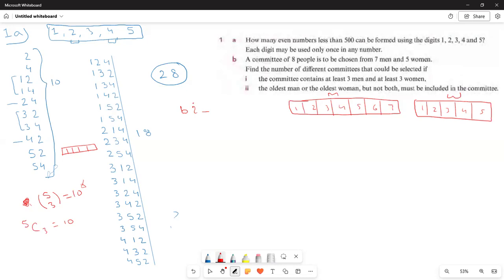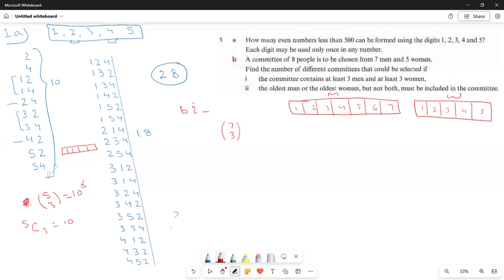Okay, now if I have to choose at least 3 men from here, then how many ways can I choose out of 7 men? So this is going to be 7 combination 3. If I choose 3 men from here, then I have to choose 5 women from there because I have to make a committee of 8.